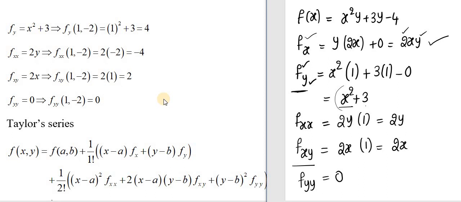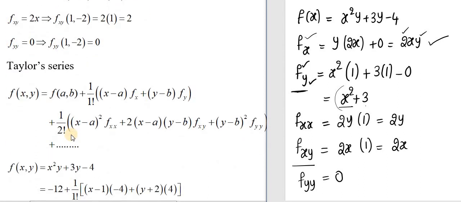Substitute all the values in the Taylor's series. This is the Taylor's series. F of x comma y equal to f of a comma b plus 1 by 1 factorial, x minus a into fx plus y minus b fy, plus 1 by 2 factorial into x minus a whole square fxx plus 2 into x minus a into y minus b fxy plus y minus b whole square into fyy plus dash dash.